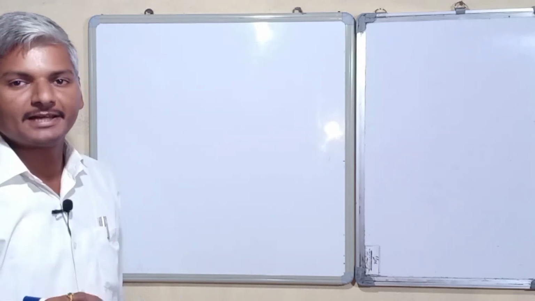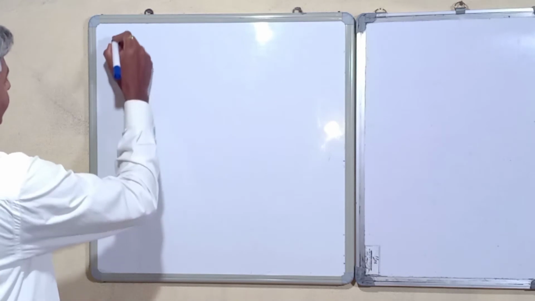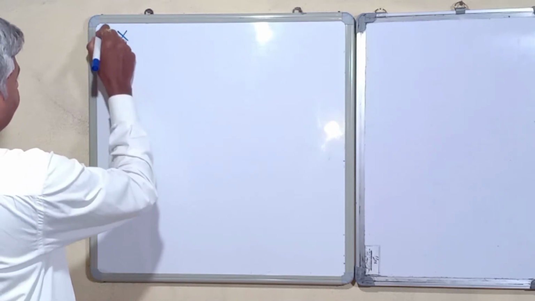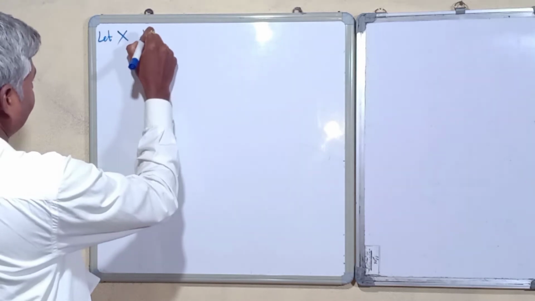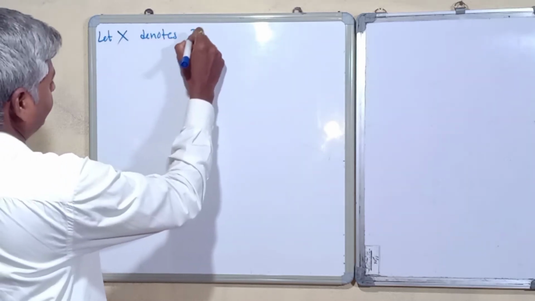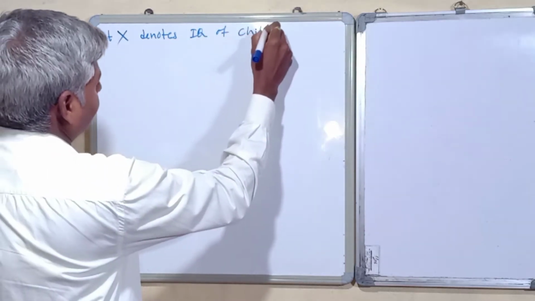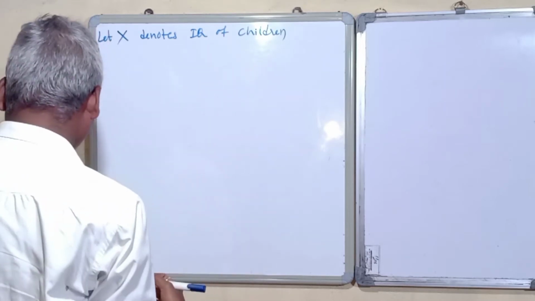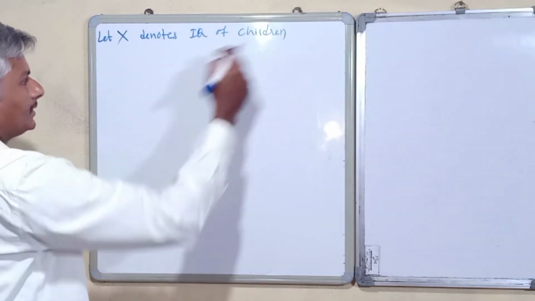We need to assign a name to the normal variate. Let x denote the IQ of a child. Let x denote the IQ of a child.